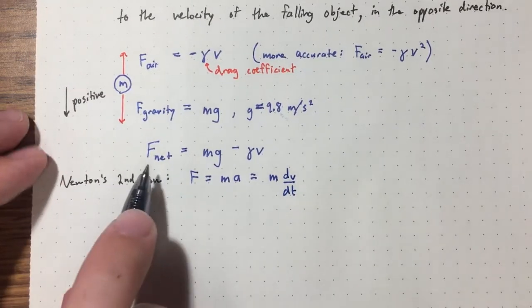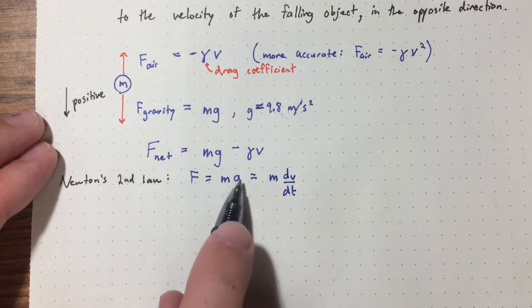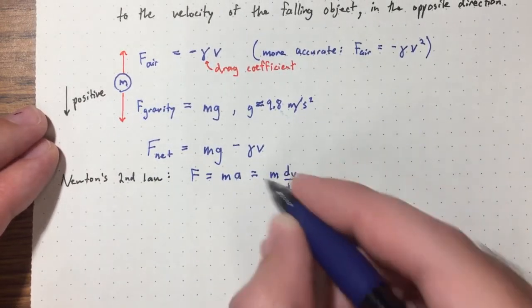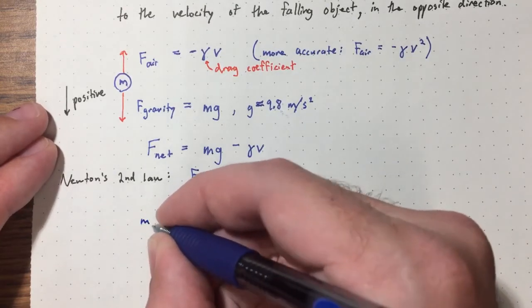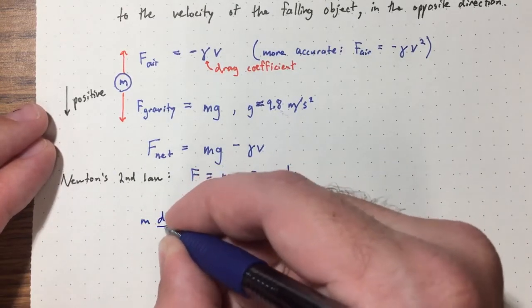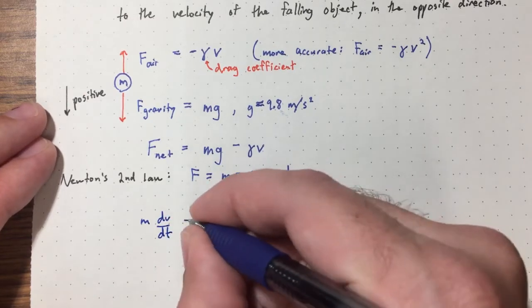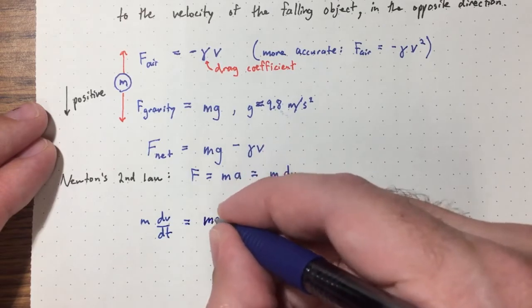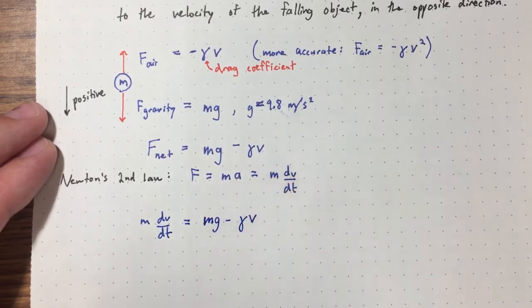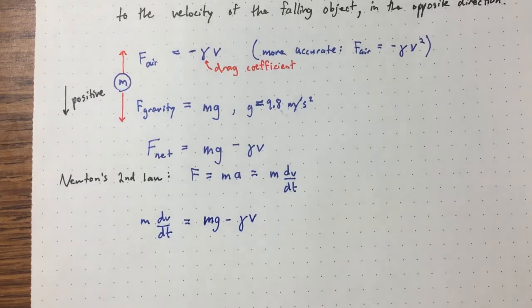And so my net force is going to induce this acceleration. So I can plug this in for net force, and I get a differential equation. So we get m times dv dt equals mg minus gamma times v. Okay, so that's my differential equation. And my function I'm trying to solve for is v, the velocity of the object at any time.